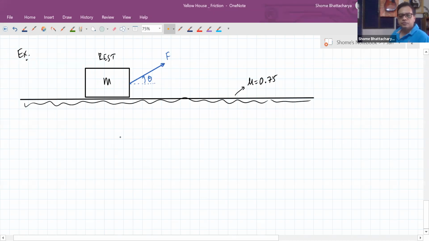Okay. So given mass of the block is, say, 20 kilograms, and the coefficient of friction is 0.75.